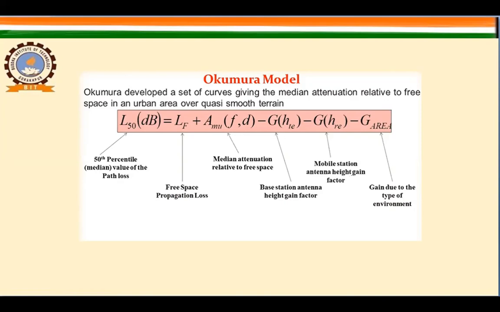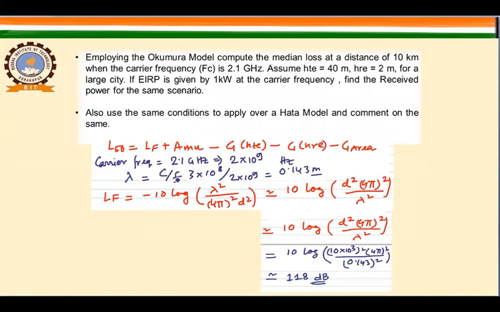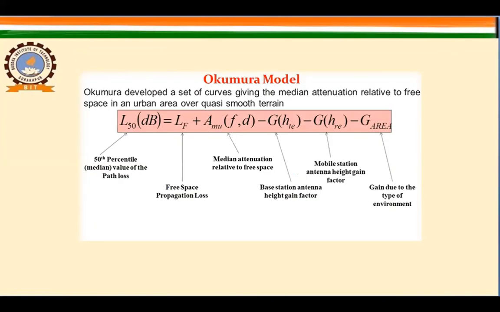It is the effective height of the base station, and it is also a gain factor. It is the specific area gain due to the type of environment. Thank you very much.